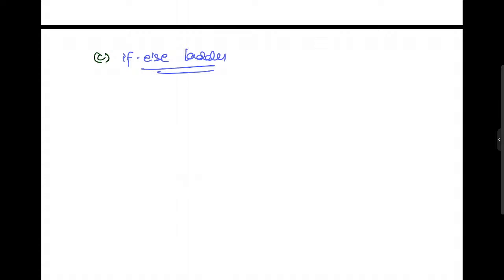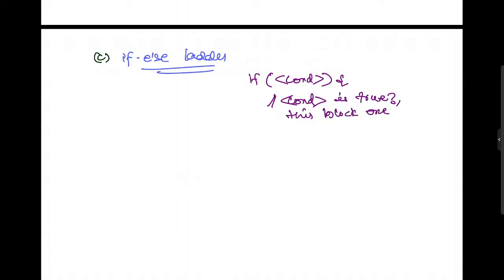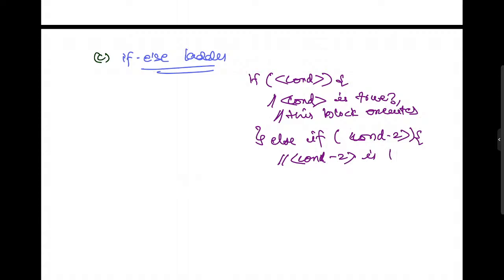It's very simple. If we have an if and then a condition, and the condition is true, this block executes. Else, again, if I do one more if, condition 2, and if condition 2 is true, then this block executes.